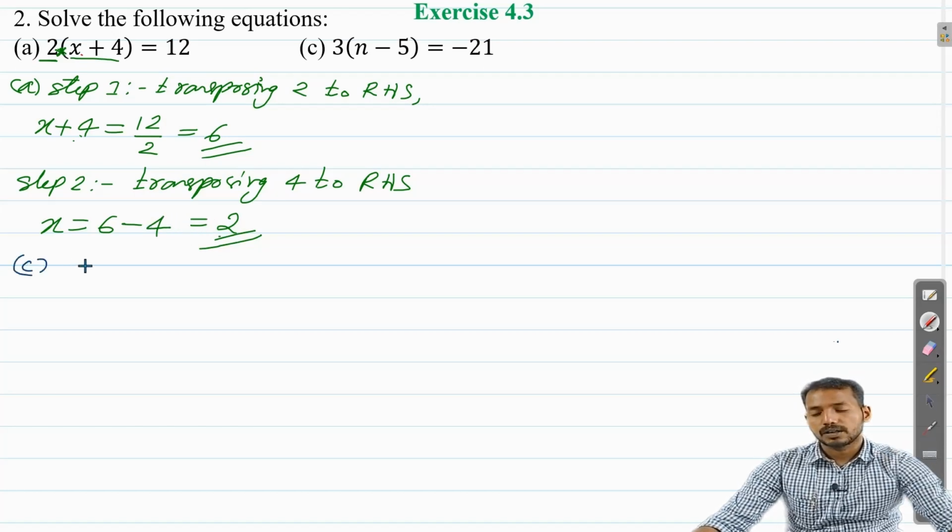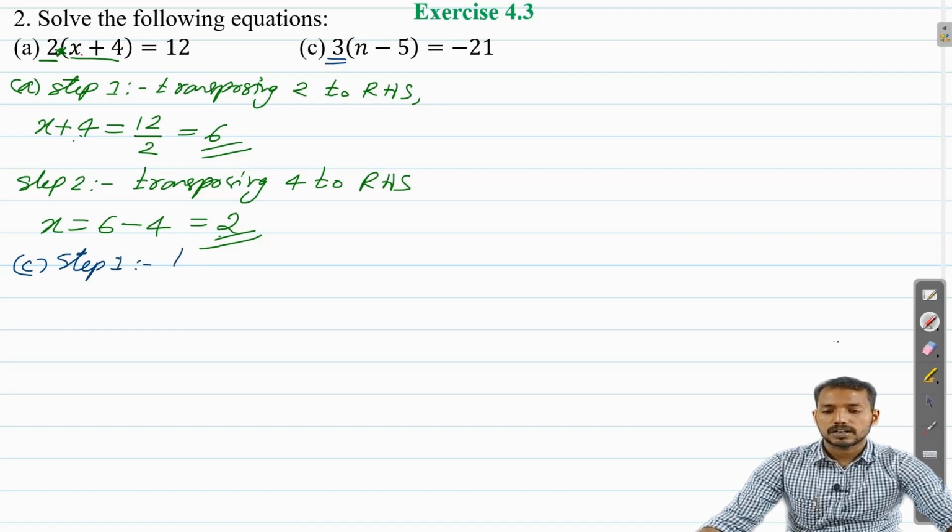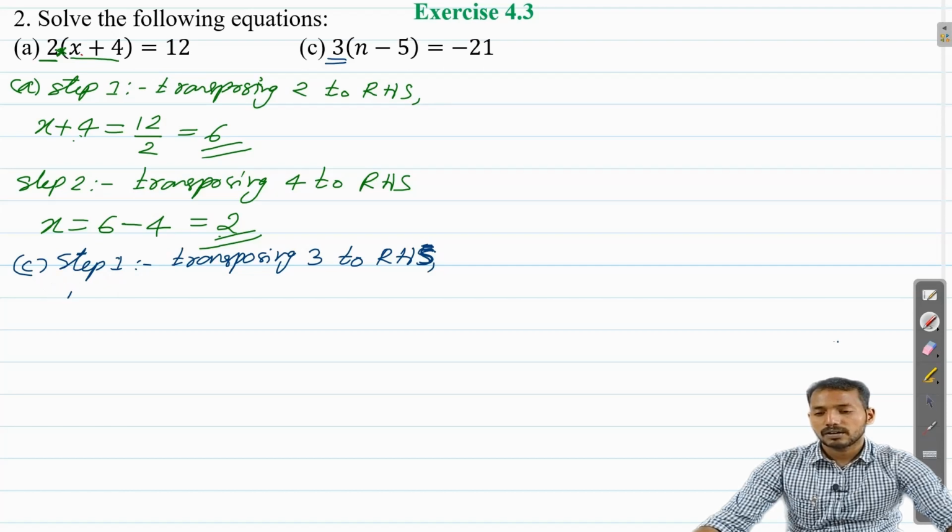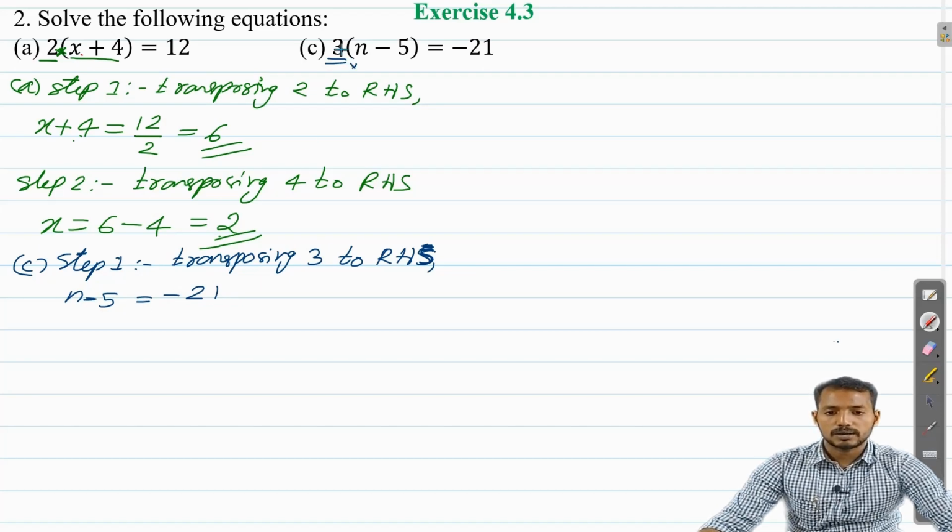Option C. Here 3 should be separated first from this term which consists of the variable. So for that in step 1, transposing 3 to RHS, we will be having n minus 5 is equal to minus 21. 3 is actually 3 into n minus 5.